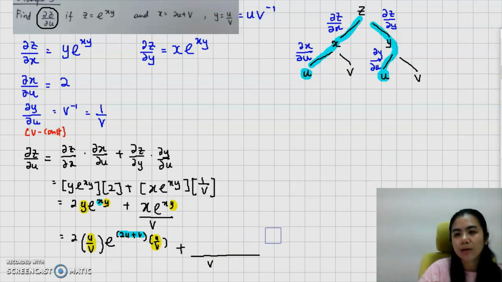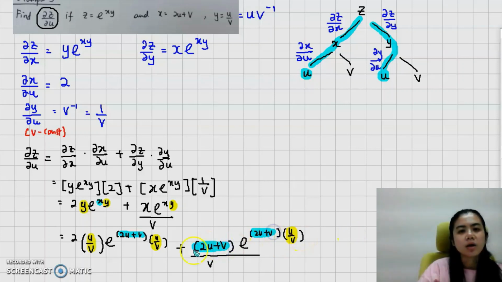So that is e^((2u+v)(u/v)). So this is your y and your x. Okay, done. After we have done the substitution, let's just simplify it.